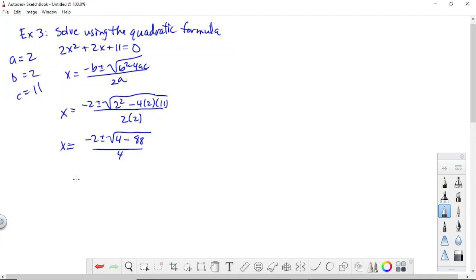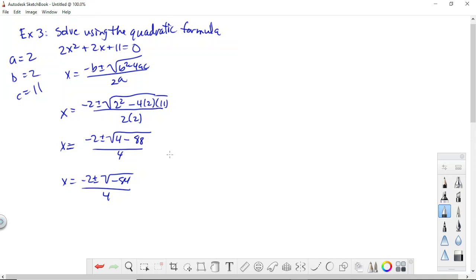So what's going to happen here? We're going to get a negative under that radical, right? I knew it was going to happen sooner or later. 4 minus 88 is negative 84. So we have to simplify what's under that radical, right?